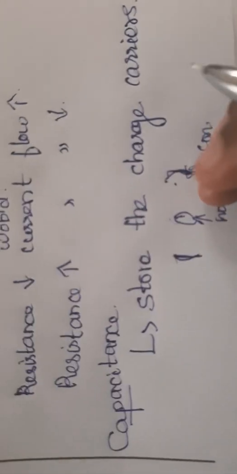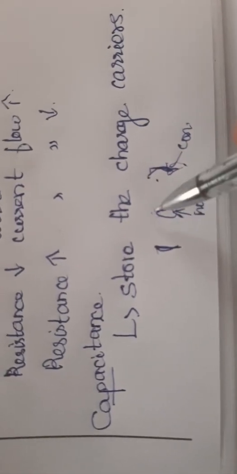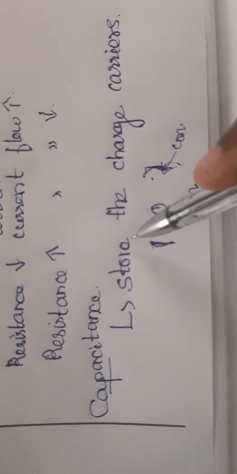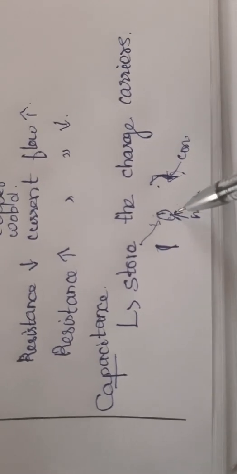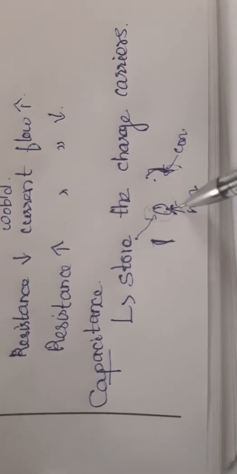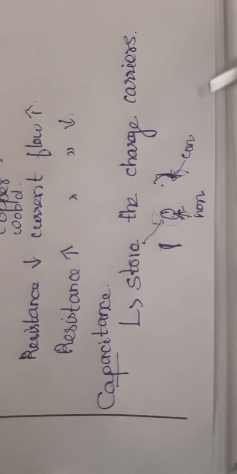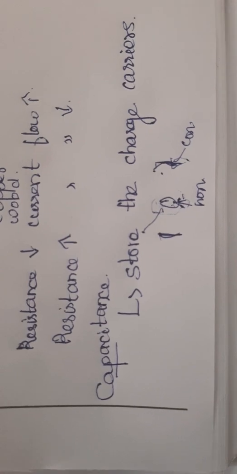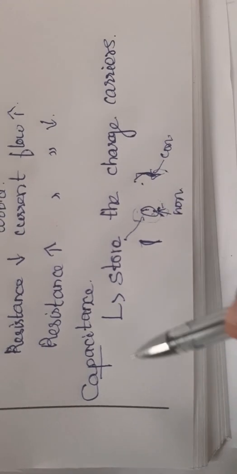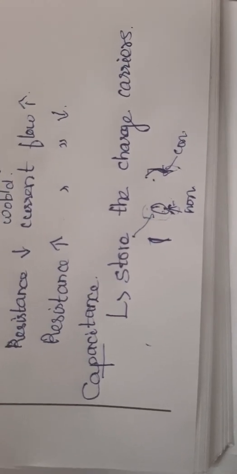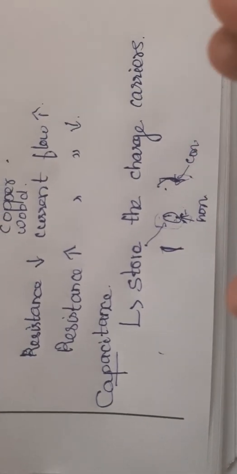This non-conducting material is where the charge carriers are stored, and it sends them out as needed. The battery is also storing charge carriers, but a battery can store a large amount, whereas in a capacitor we can store only a small amount. So that is about the capacitor.